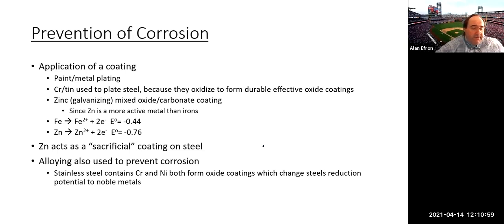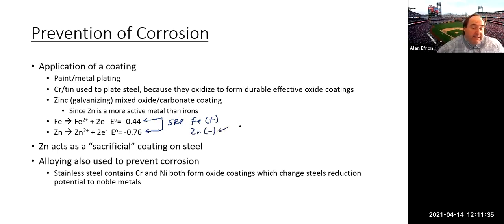When we galvanize, it's a mix of oxide and carbonate coatings. Zinc is a more active metal than iron. So when we put that layer of zinc in there, and we look at these two metals, the iron, which wouldn't be there by itself, and then we add some zinc, and look at the SRP values, we now see that iron becomes more positive and zinc is more negative.